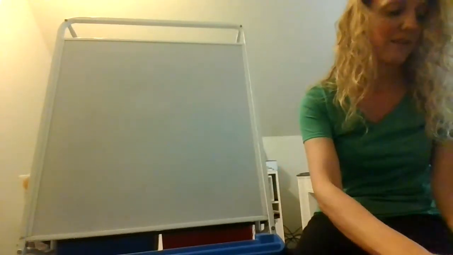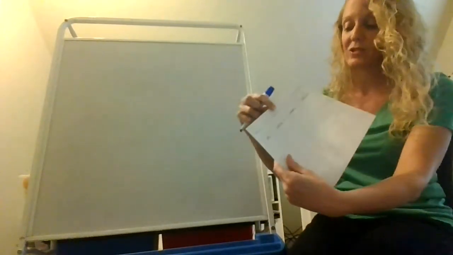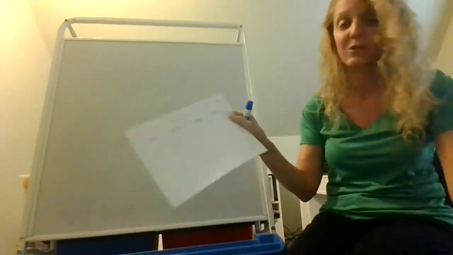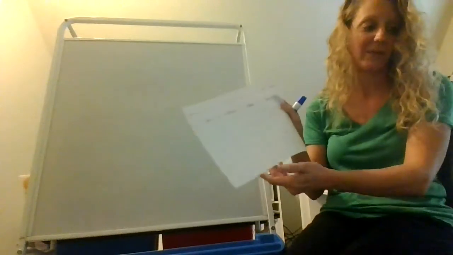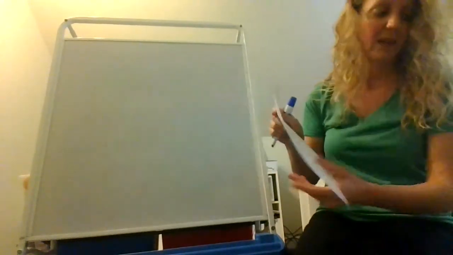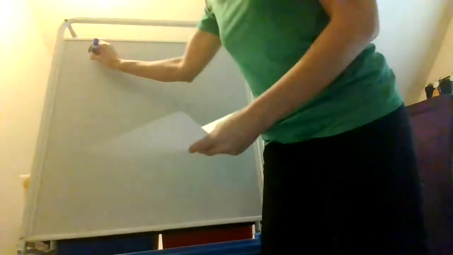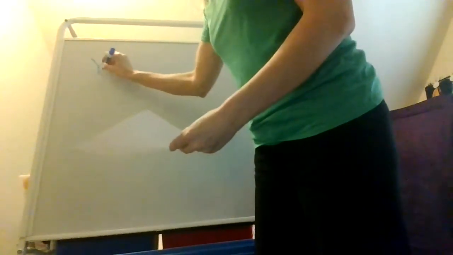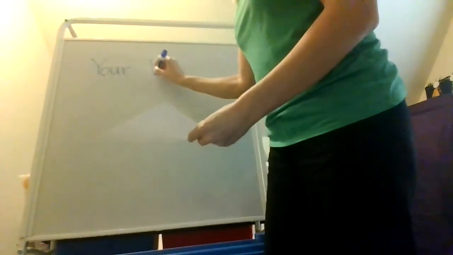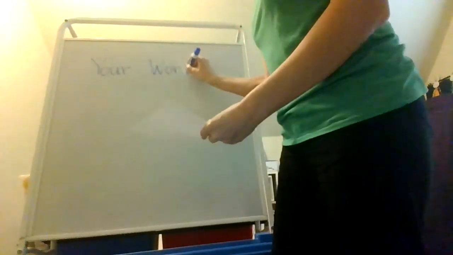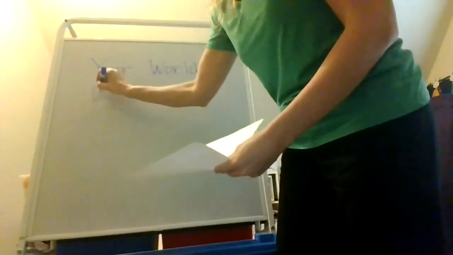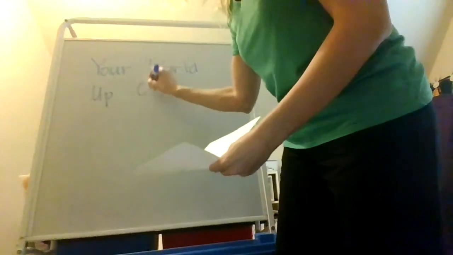So if you have this chart, you can use it, or you can write on your own paper. I'm going to write the name of the story first and the unit and week so that you have it. Okay? So the name of our story is Your World Up Close.